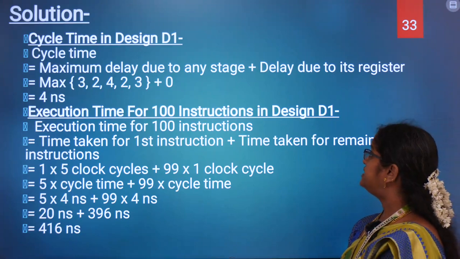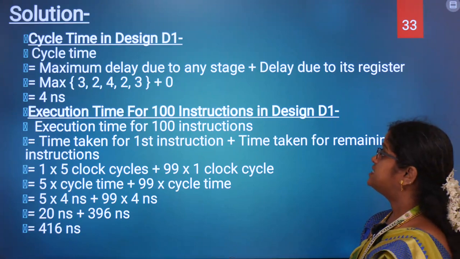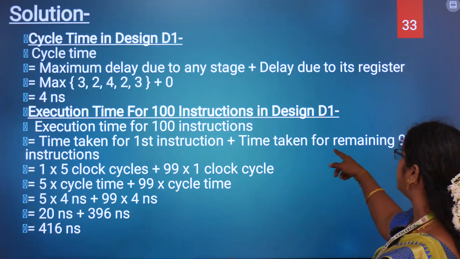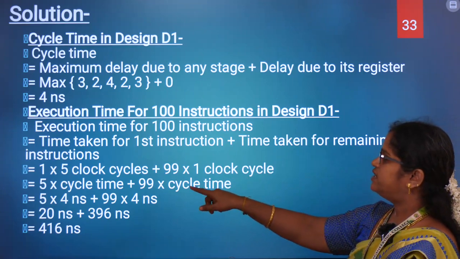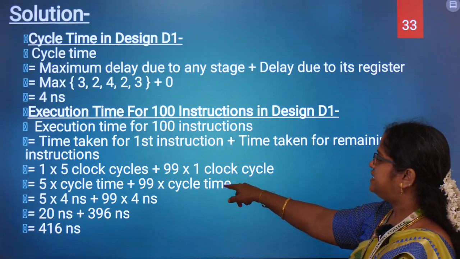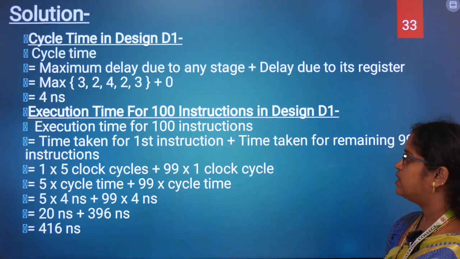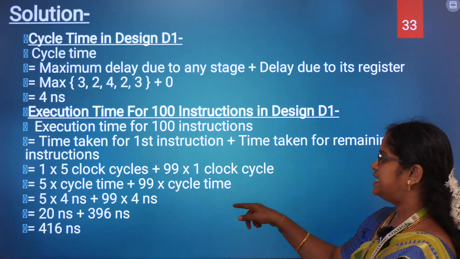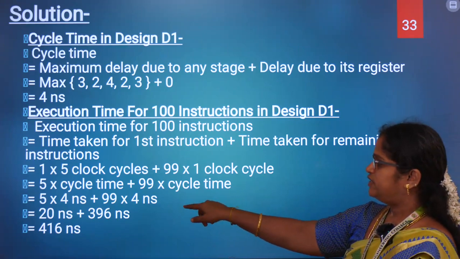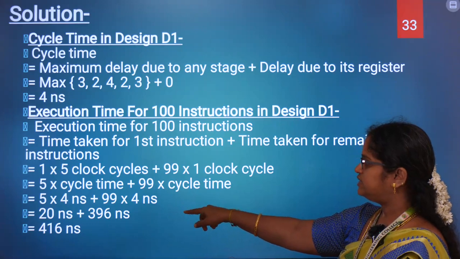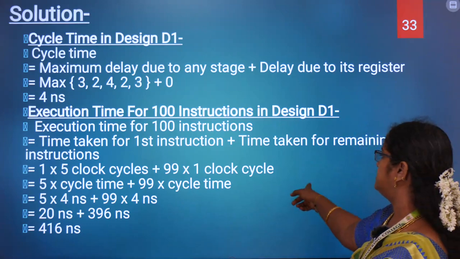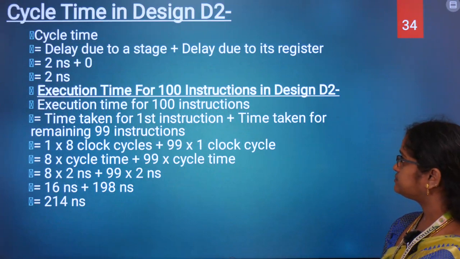Execution time for 100 instructions in design 1 is the time for the first instruction plus the remaining 99: 5 clock cycles plus 99 clock cycles, with one clock cycle being 4ns. So 5 into 4 is 20 ns plus 99 into 4 is 396 ns. Finally 416 nanoseconds.